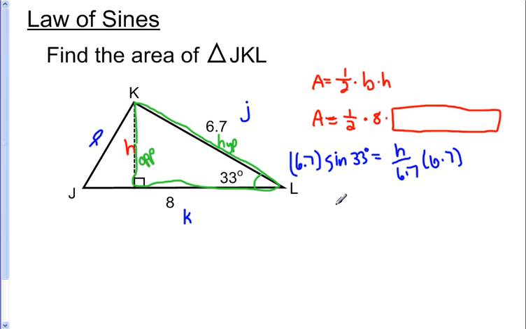And so the height ends up being 6.7 times the sine of 33, which is some number. We can plug that in our calculator, and we will eventually, but I wanted to leave it like this for a reason. So we'll put 6.7 times sine of 33.